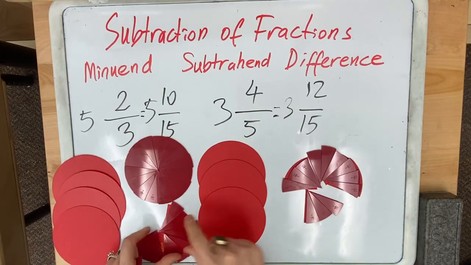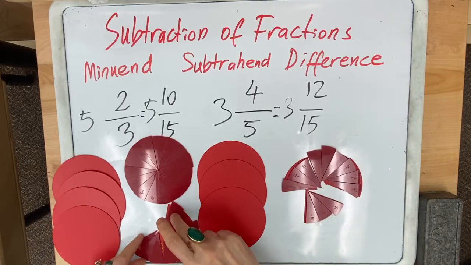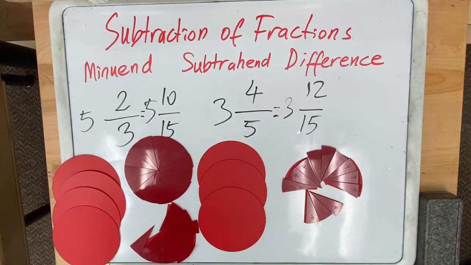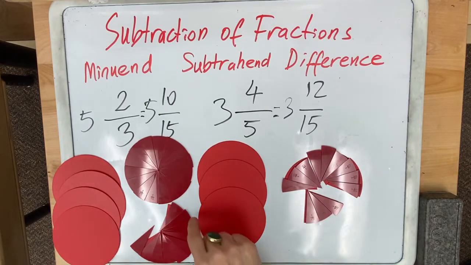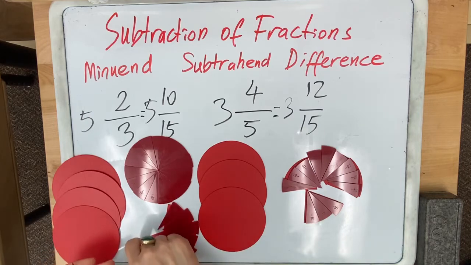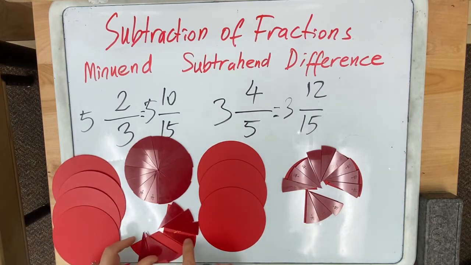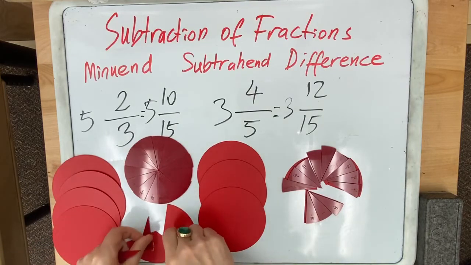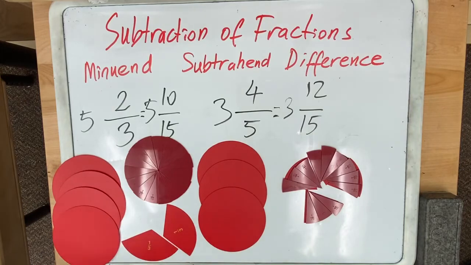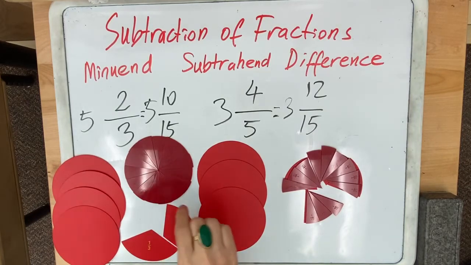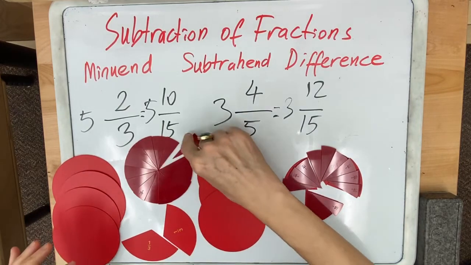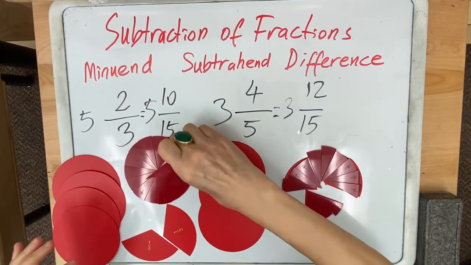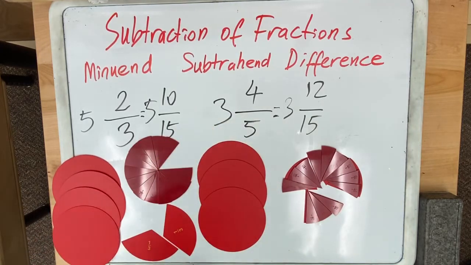So now I can take away 12/15ths. Starting from here, 1, 2, 3, 4, 5, 6, 7, 8, 9, 10. I took all these away. And 11 and 12. There we go.